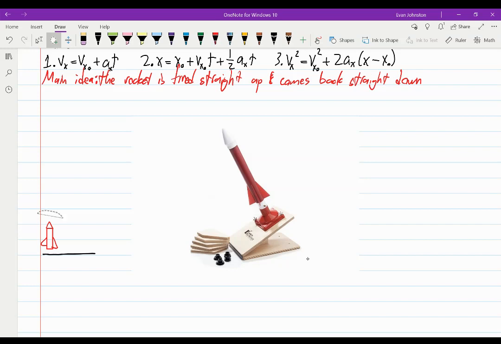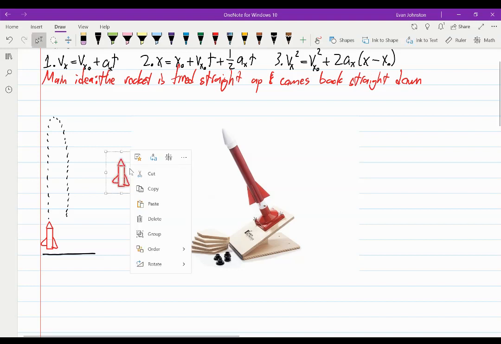And so the whole idea is that this guy here is going to get fired straight up. Oops. Here we go. And once he goes straight up, it's going to come back pretty much straight down. Something like that, okay?